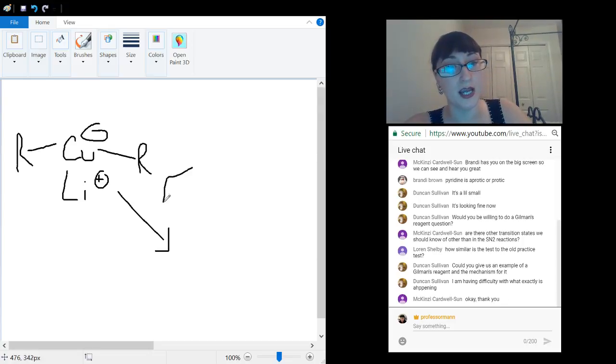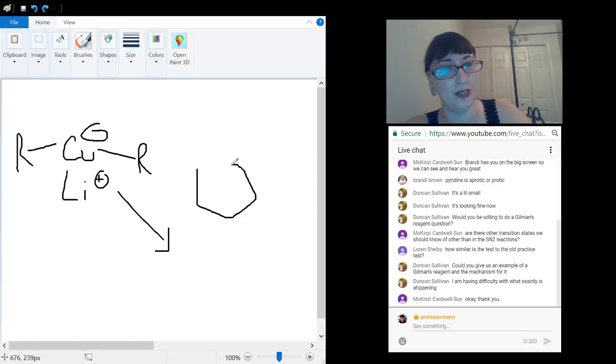So let's say I have cyclohexane. That's a really bad cyclohexane. Let's say we have cyclopentane, since that's what my brain wants to draw apparently. And let's make that with iodine.